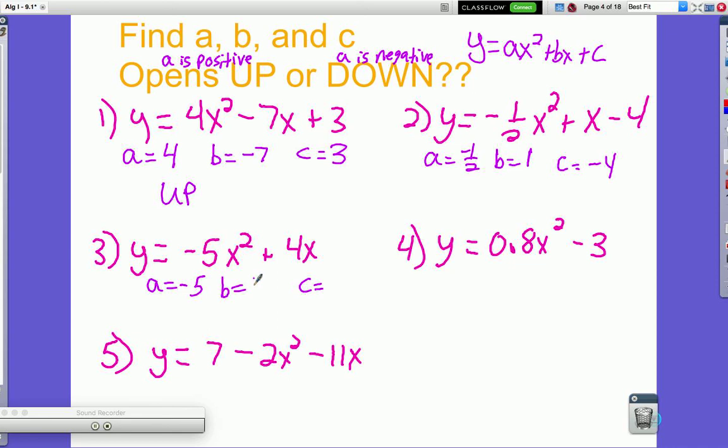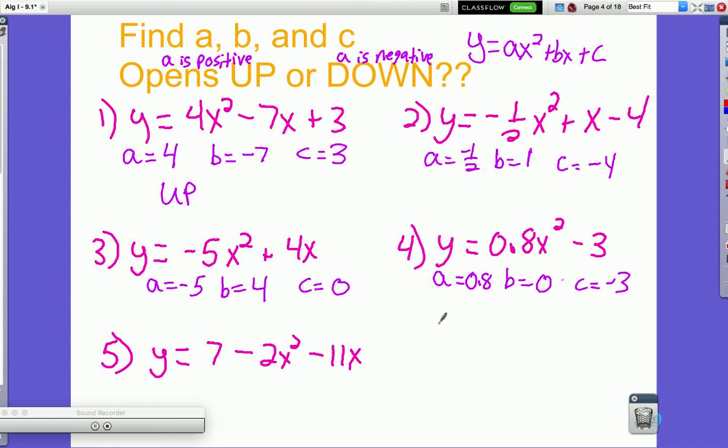B is 4 because 4x, and C will be 0 because there is no number out here. Number 4, it's in standard form. A is 0.8. B, there's no middle term, so 0, and C is negative 3.